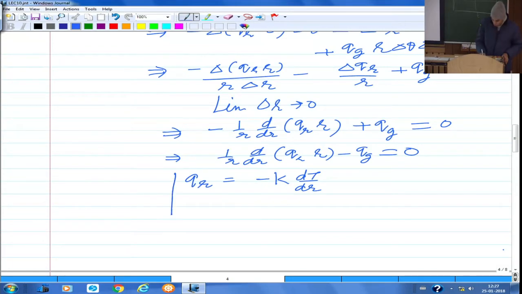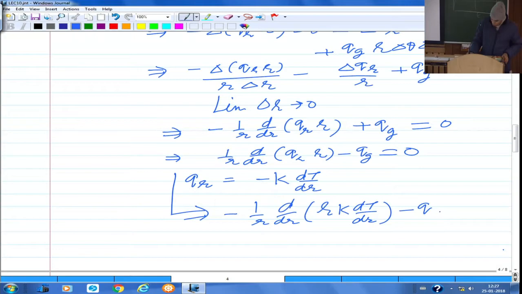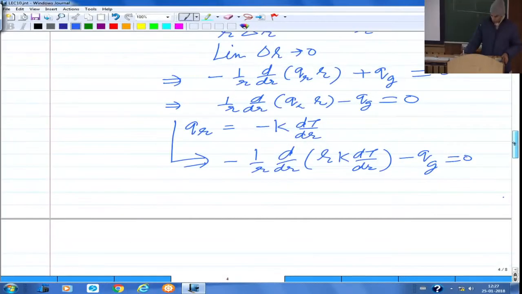If you substitute this constitutive relation, the final equation would be, if I write the minus outside, 1 by R d by dr of R into K dT by dr minus QZ is equal to 0. So is this okay? This is finally the differential equation you get.